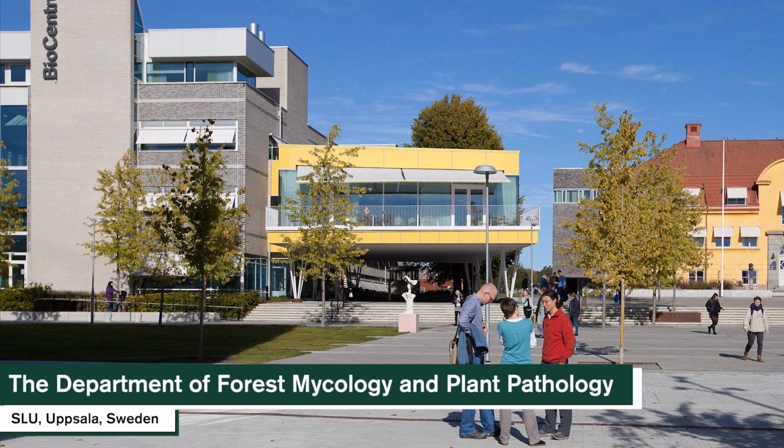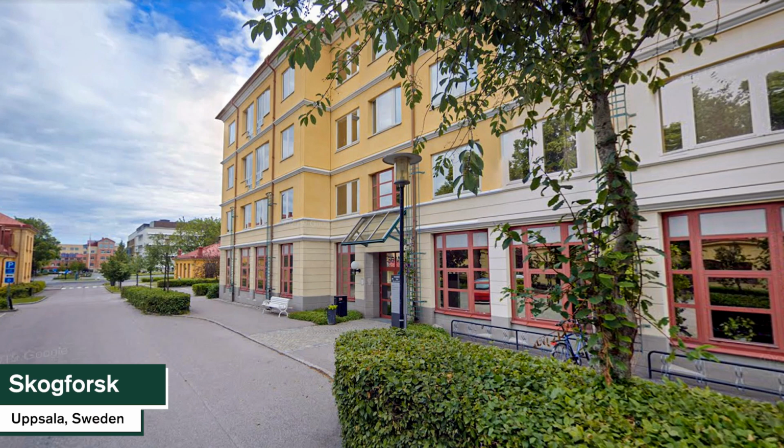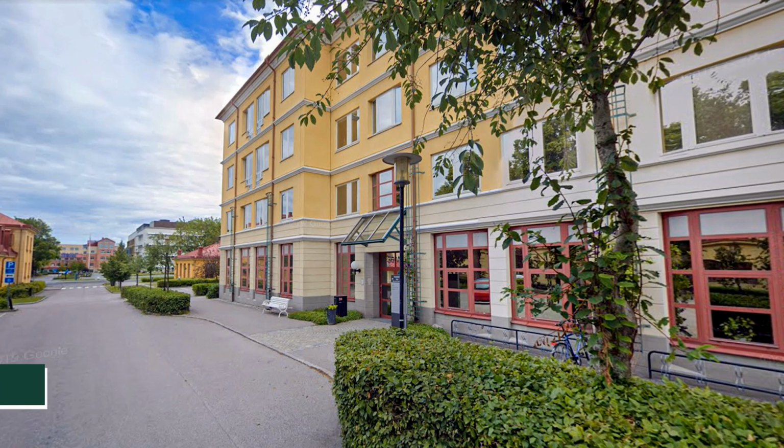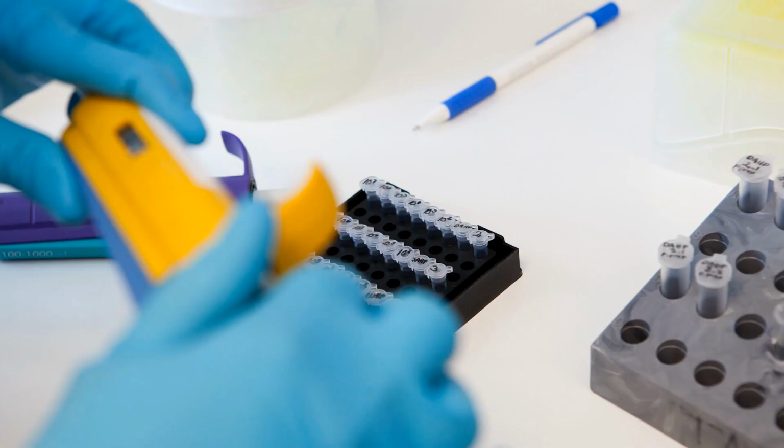The research at the Department of Forest Mycology and Plant Pathology at the Swedish University of Agricultural Sciences, in collaboration with Skogforsk, has introduced and validated a set of genetic markers that are now introduced into tree breeding of Norway spruce in Sweden.